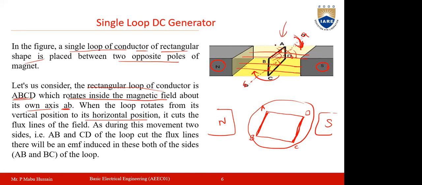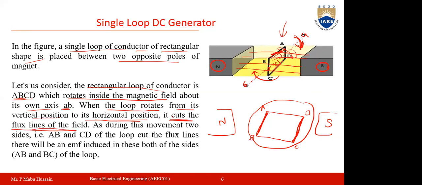your flux lines. During such movement, these conductors AB and CD both will link with the magnetic flux. When the loop rotates from its vertical position to horizontal position, it cuts the flux lines of the field.